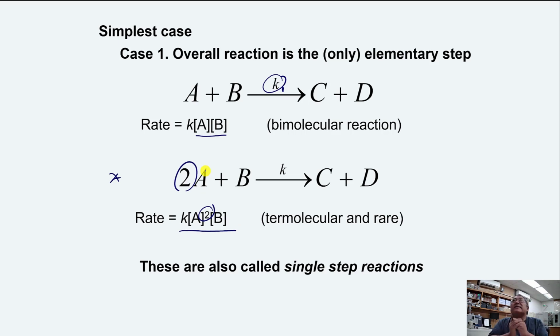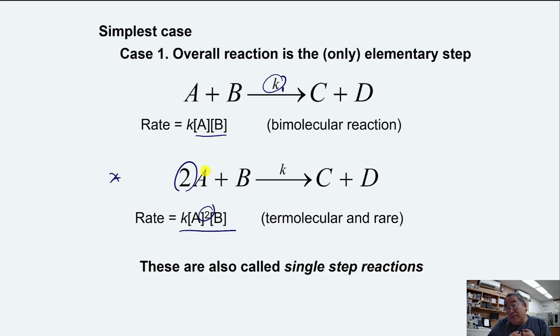So let me ask you to think about this. Bimolecular reactions and unimolecular reactions are fairly common. In a unimolecular reaction, a molecule has to have enough energy, and maybe it's a decomposition, for example, a bond breaks. For a bimolecular reaction, two molecules collide with the orientation and the energy necessary for the reaction to take place.